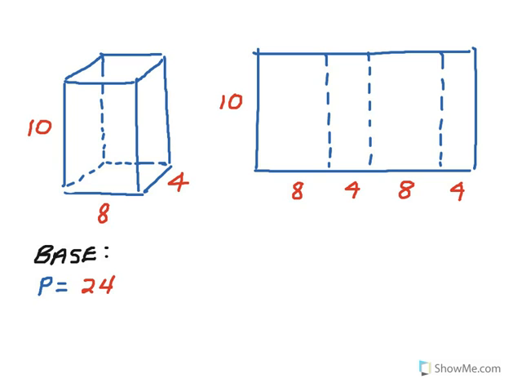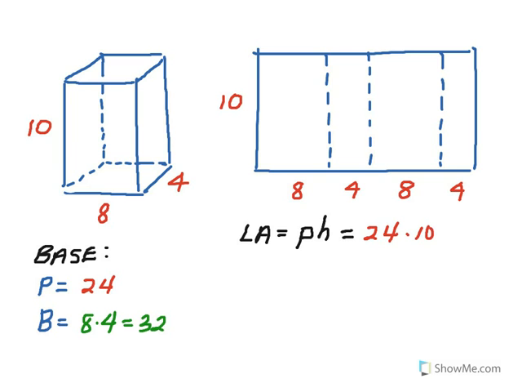So the perimeter would be 24. And the area of the base, the 8 by 4 rectangle, would be 8 times 4, or 32, and that would be in square units. So the lateral area is perimeter times height, or 24 times 10, or 240 square units.